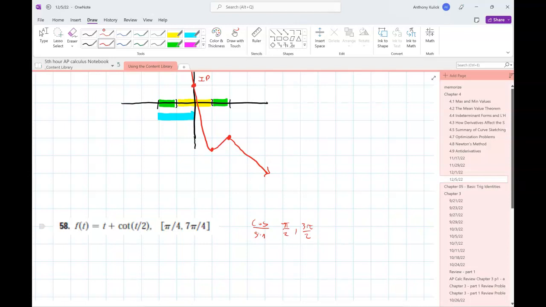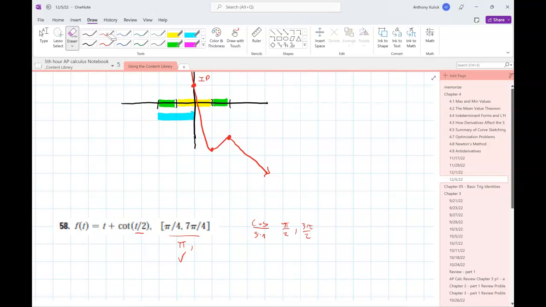Now, inside of here, since I have t over 2, I would need to have pi inside of here, which I do, and I would need to have 6 pi in there.